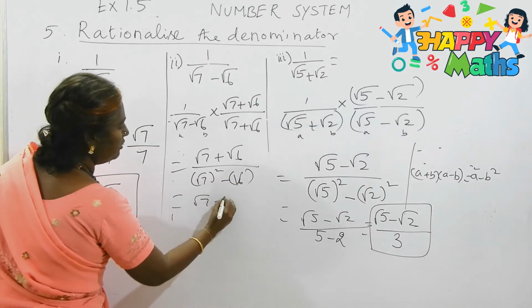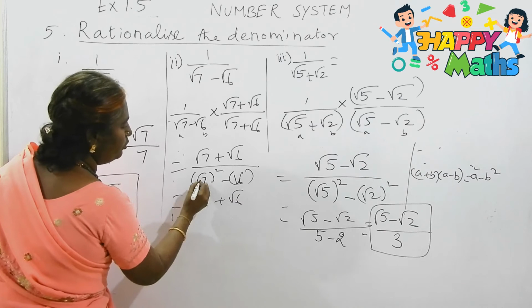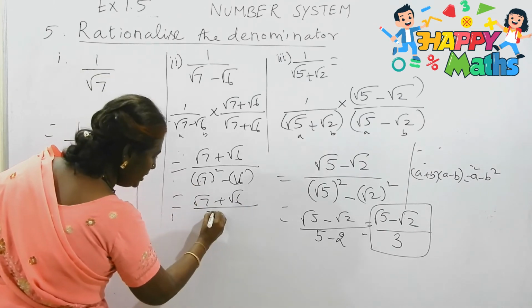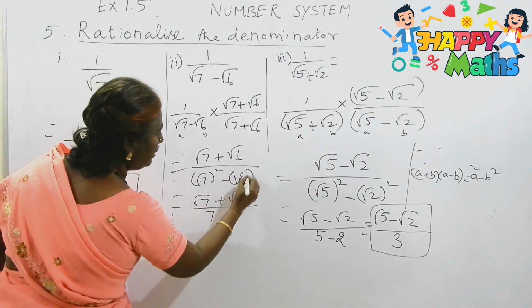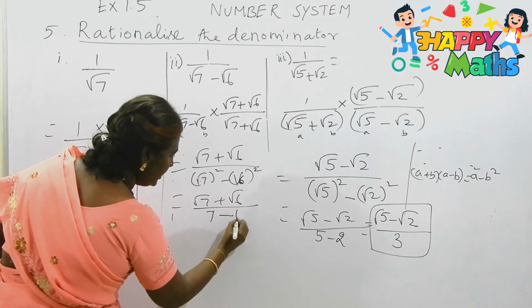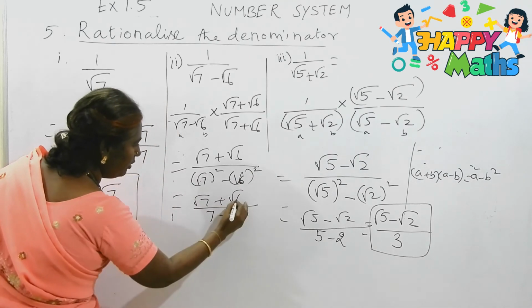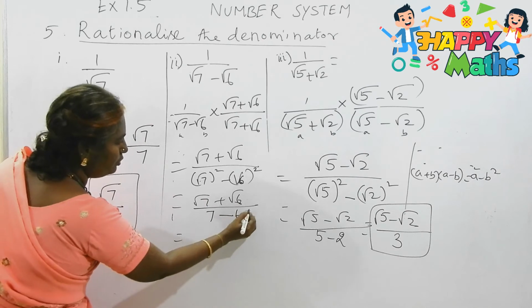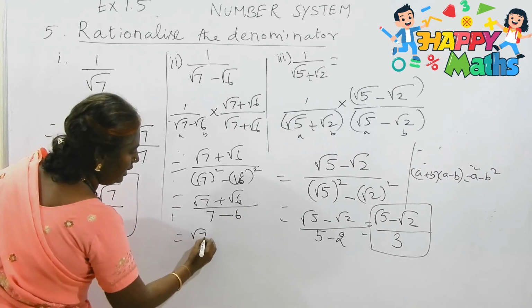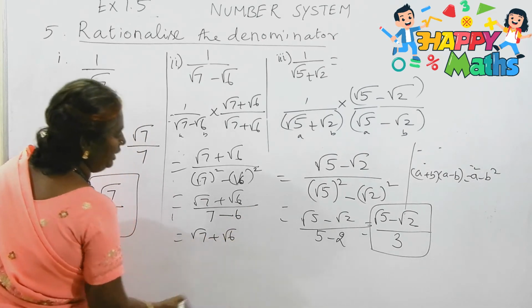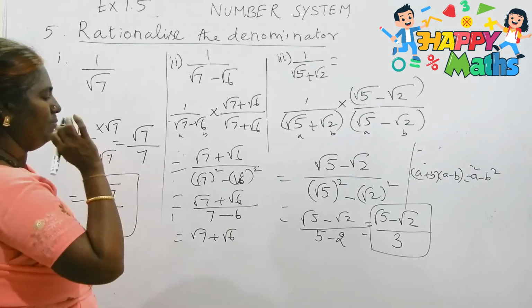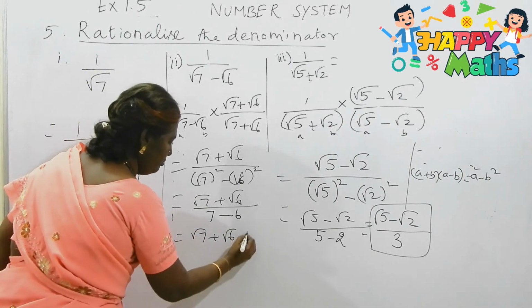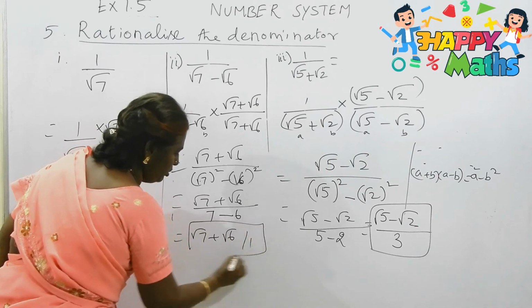As I told you, root 7 the whole square is nothing but 7, and root 6 the whole square is nothing but 6. So 7 minus 6 is what? 1. So nothing will be in the denominator, it is only root 7 plus root 6 alone. Because 1 will be coming, no need of writing 1 also.